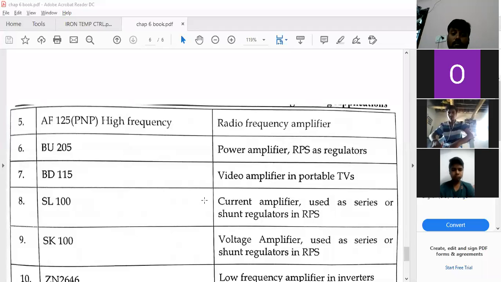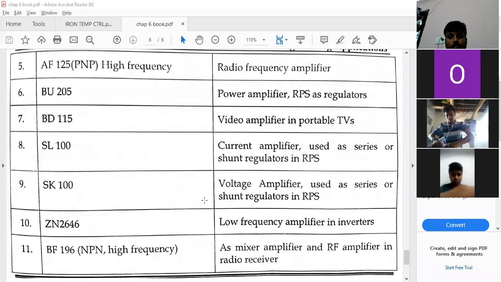The BD115 is used as a video amplifier in portable TVs. In earlier days, small TVs were there, and in those TVs BD115 was used as a video amplifier. And SL100, SK100K: SL100 is a current amplifier, and SK100 is a voltage amplifier.